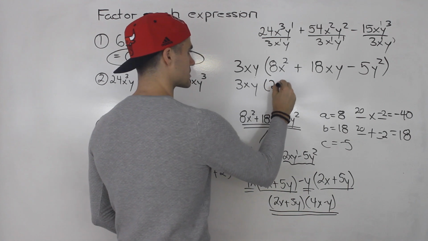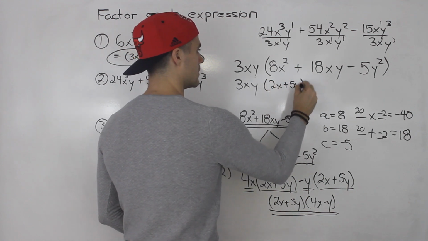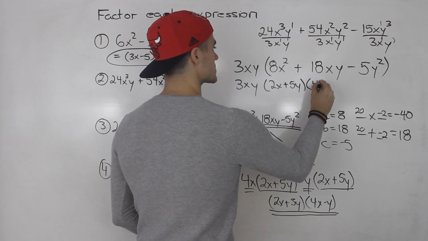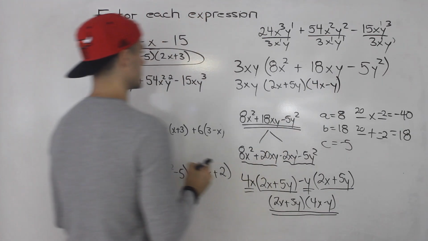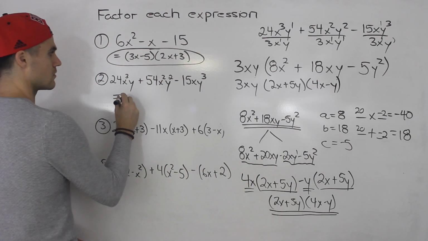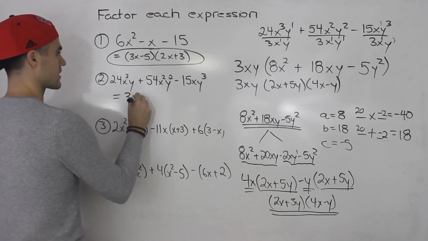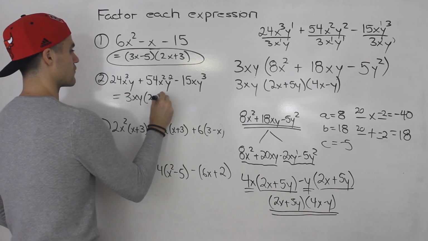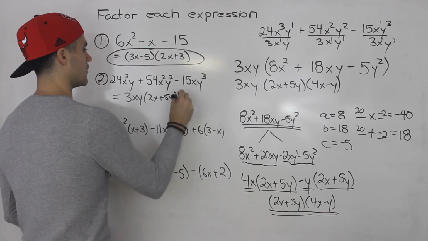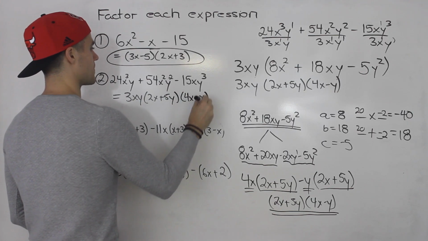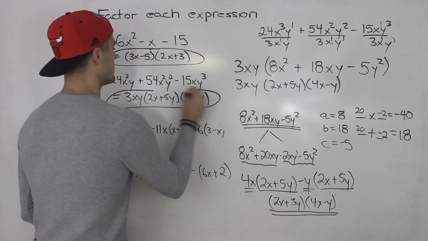So we got 2x plus 5y, and then 4x minus y. So this here we can rewrite 3xy, 2x plus 5y, 4x minus y.